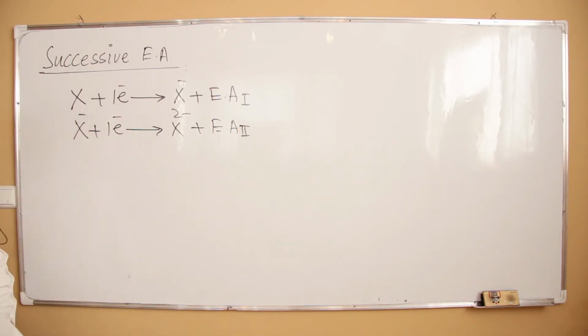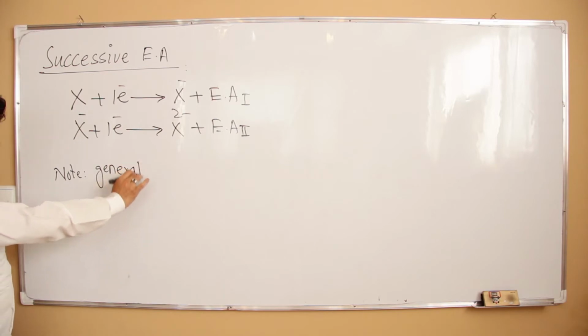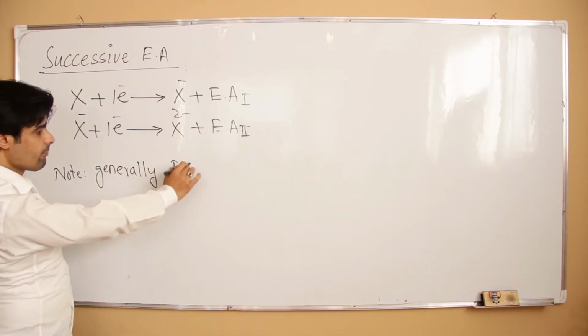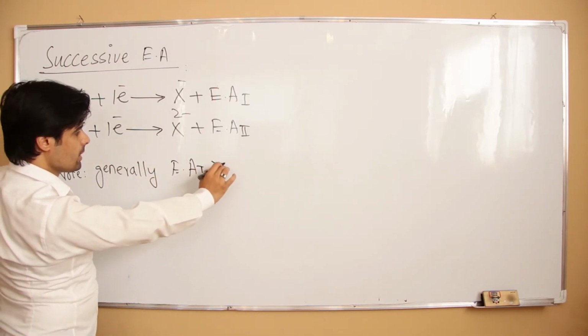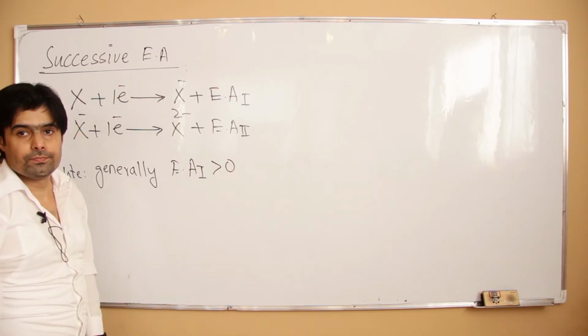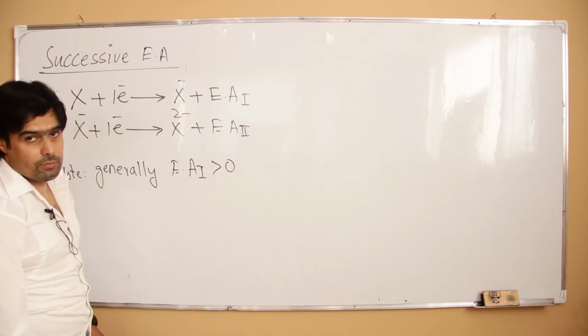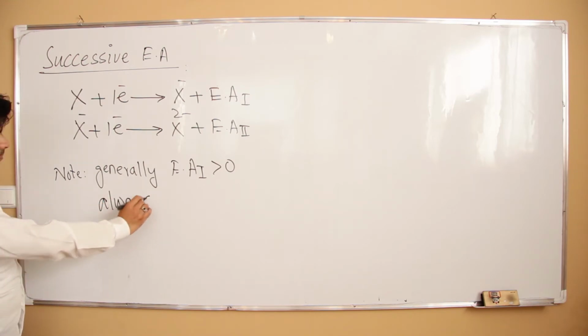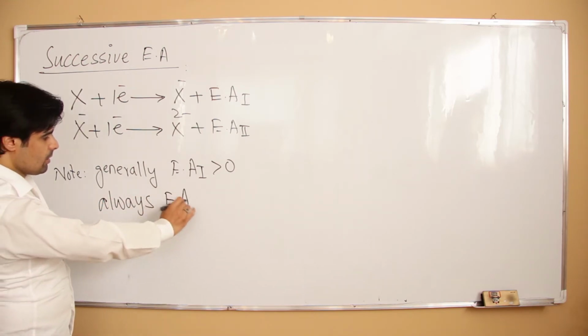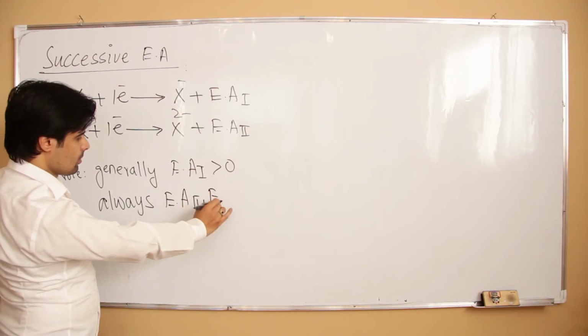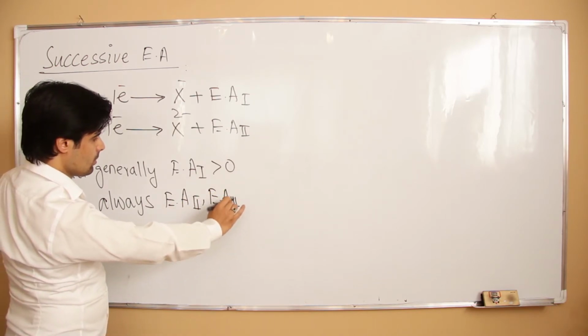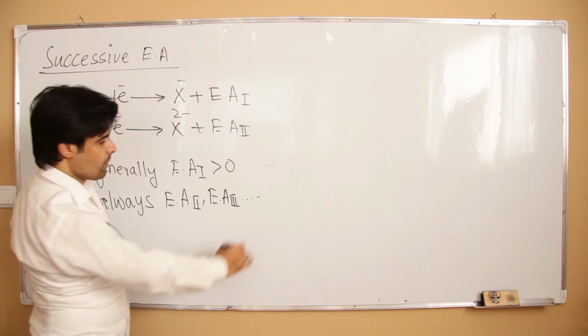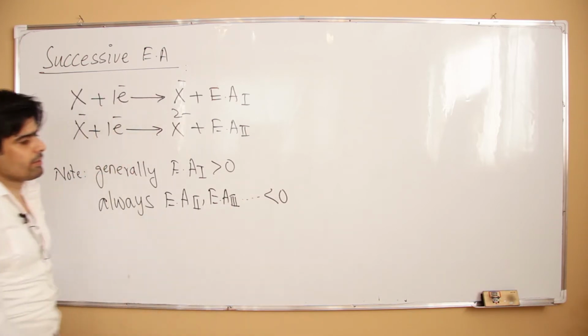Now note that generally electron affinity first is positive because some energy is released from the system, but electron affinity second, third and more are always negative.